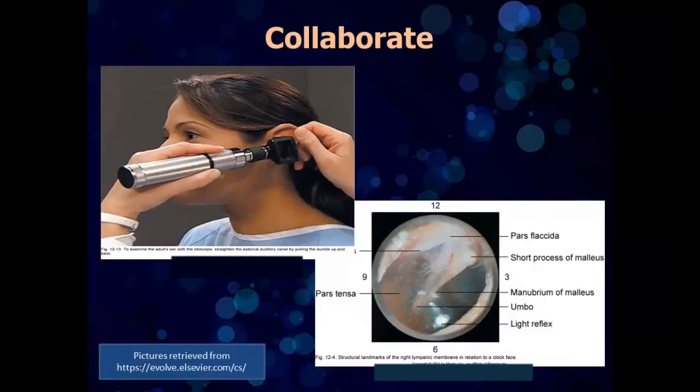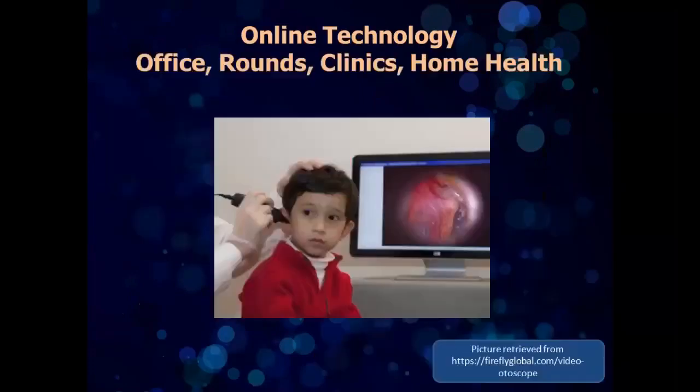This is my PowerPoint that I have up, one of the pictures I show of the ear. And this is what we hope to get to. David and I are looking at grants, and we want to purchase equipment so that when students go with home health or an IP team, what they're seeing in the ear will come up on the computer screen, the tympanic membrane and everything, and we can give immediate feedback.